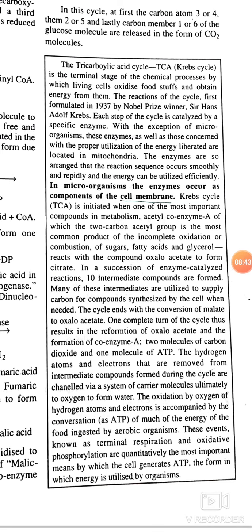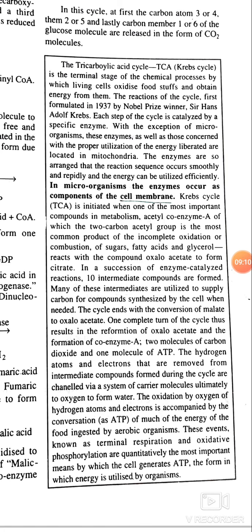The cycle ends with the conversion of malate to oxaloacetate. One complete turn of the cycle thus results in the reformation of oxaloacetate and the formation of coenzyme A, 2 molecules of CO2 and 1 molecule of ATP.